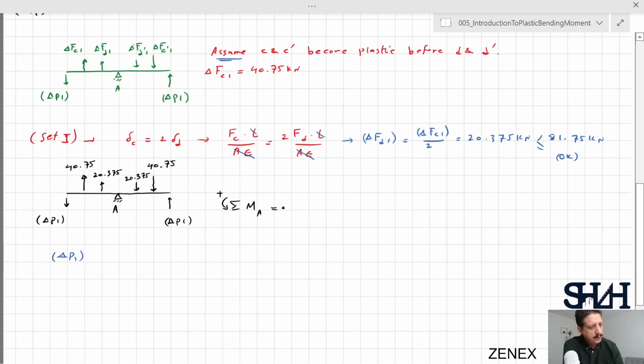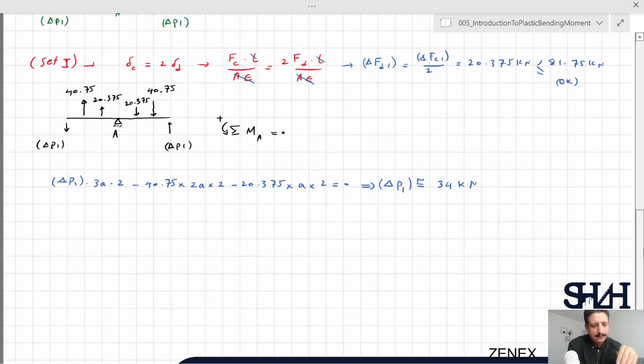Delta P1 times 3A times 2 minus 40.75 kilonewton times 2A times 2 minus 20.375 times A times 2 equals 0. So delta P1 will be 34 kilonewton. That means if we increase the force in the system from 191 with 34 kilonewton more load, then 2 more elements will yield, which are C and C prime.